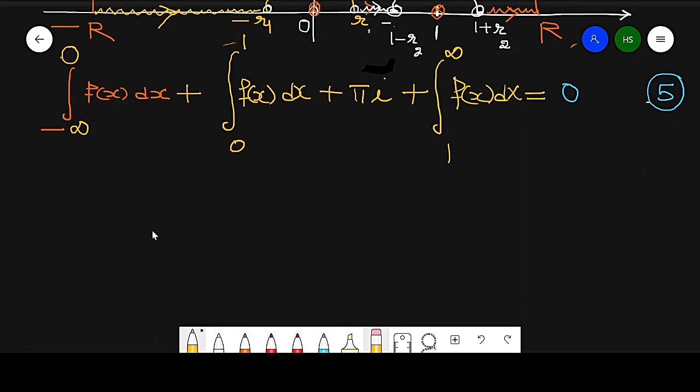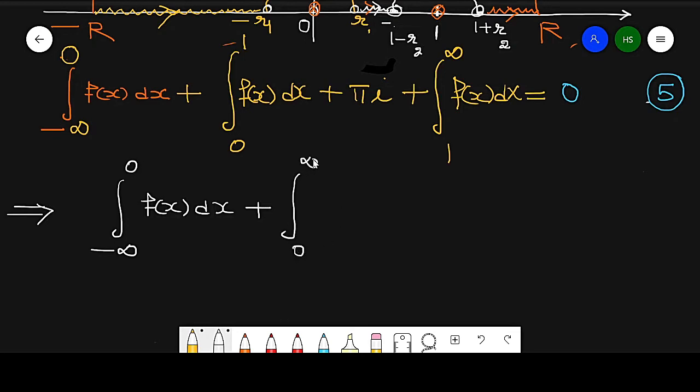So I get here, it implies, the integration minus infinity to 0 f of x into dx. So this integration and this integration mean this is the integration 0 to infinity f of x into dx plus pi iota, which is equal to 0. So see the step very carefully.